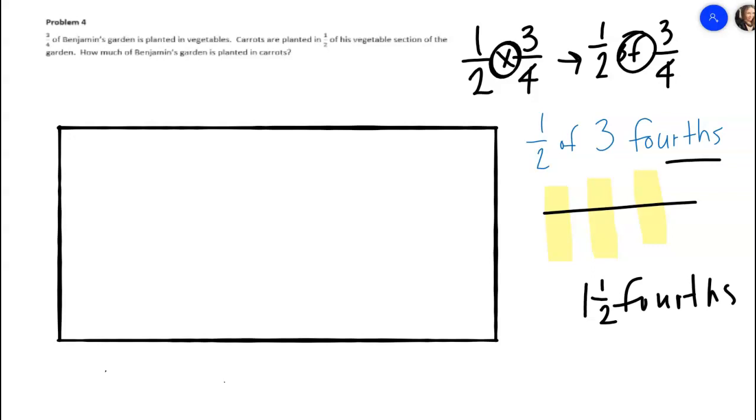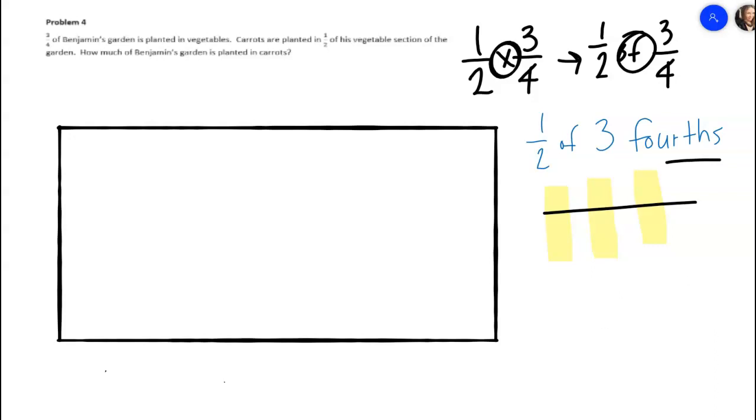So could we name 3/4 of Benjamin's garden using another unit that makes it easier to half? We need a unit that lets us name 3/4 with an even number of units. We could use 6/8. 6/8 is the same amount as 3/4, and 6 is a multiple of 2.